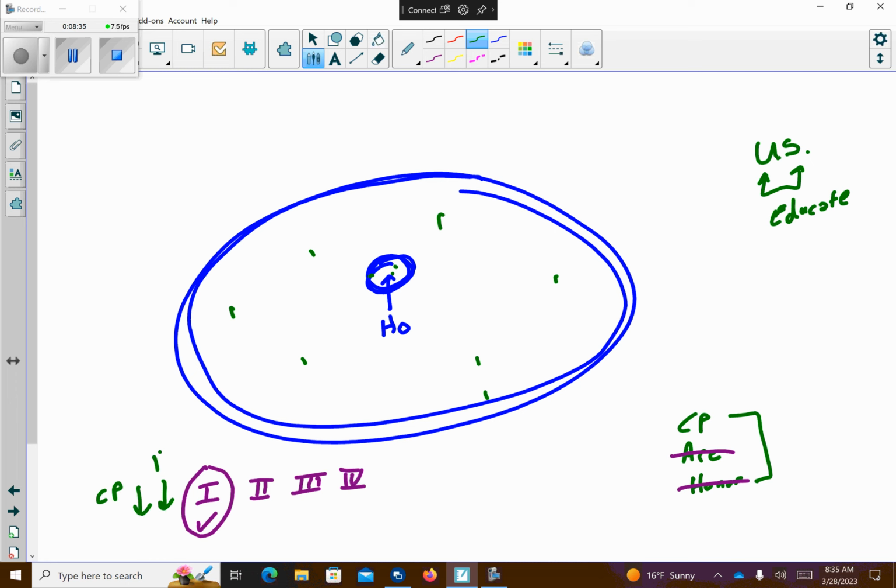Now, I would say our CP and accelerated paths are about the same percent. So let's say, and this is a fictional number, we have 40% of our students on the CP path, 40% on the accelerated path, and that leaves 20% on the honors path. I'm not saying that's true, just to give us a visual.